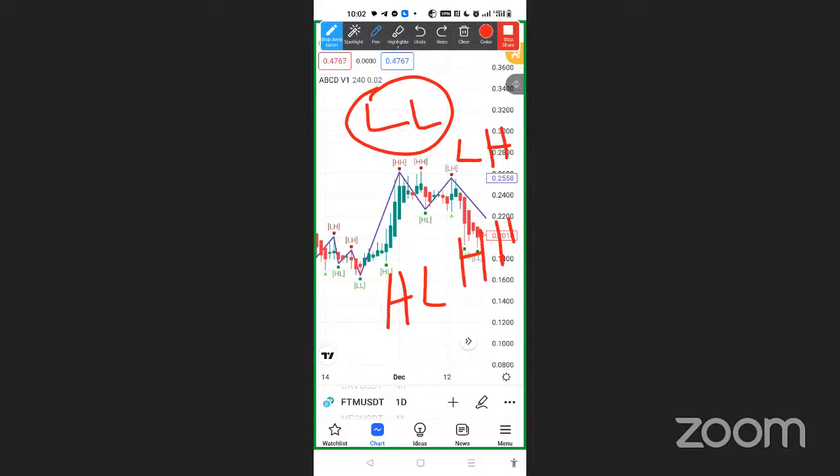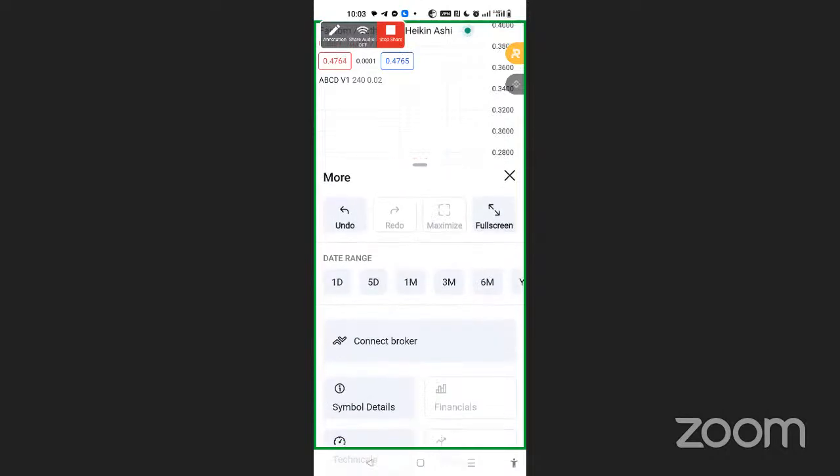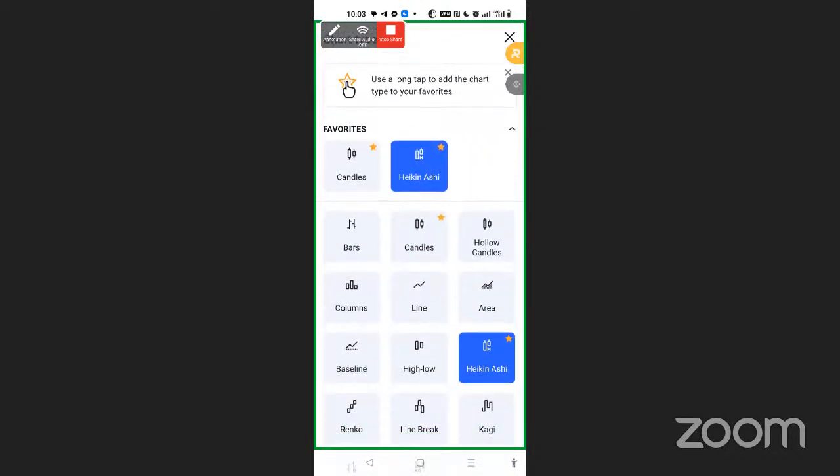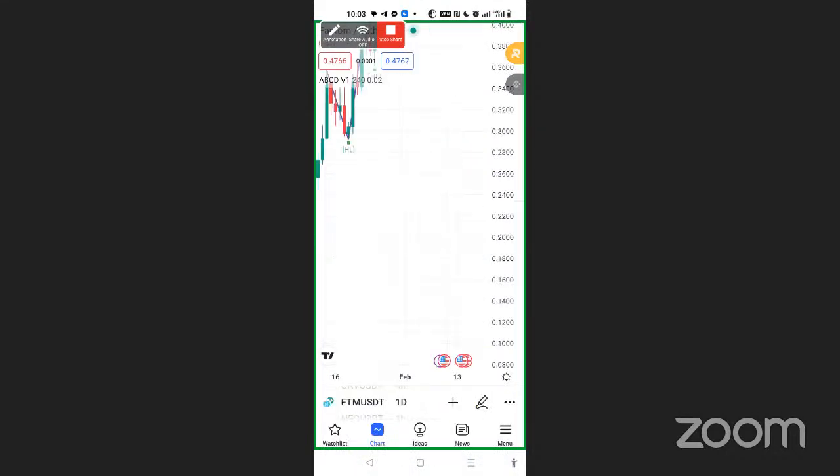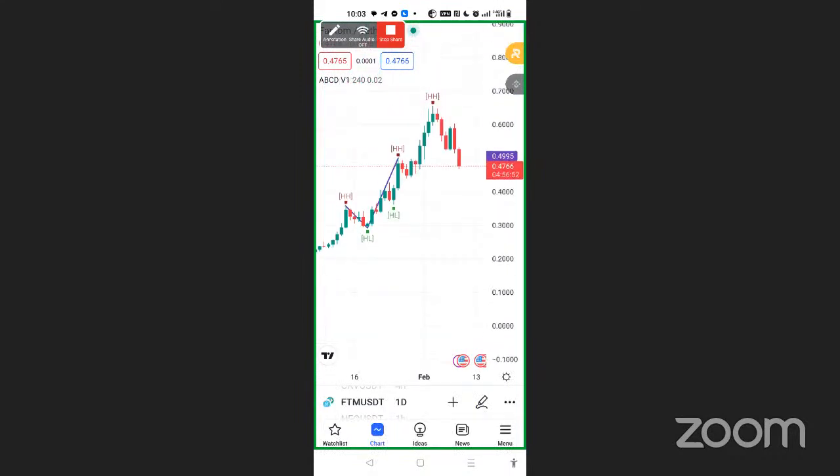It can be a standalone indicator, ladies and gentlemen, because within it, it is made up of what we call the Fibonacci. Okay, it can be used as a standalone indicator, but I would not advise anyone, for the start, to use it as a standalone indicator. So it is important for you to keep your trades on the ordinary candles. Like you're able to see, these are ordinary candles.